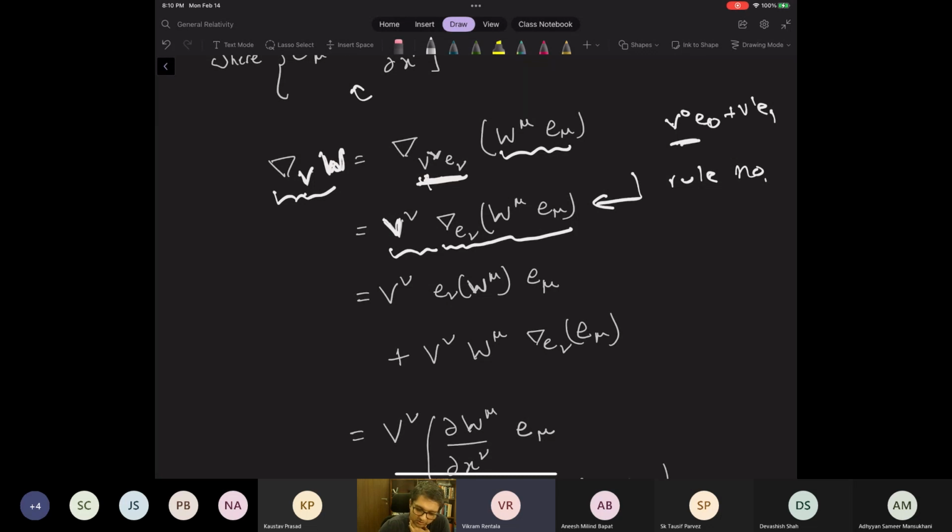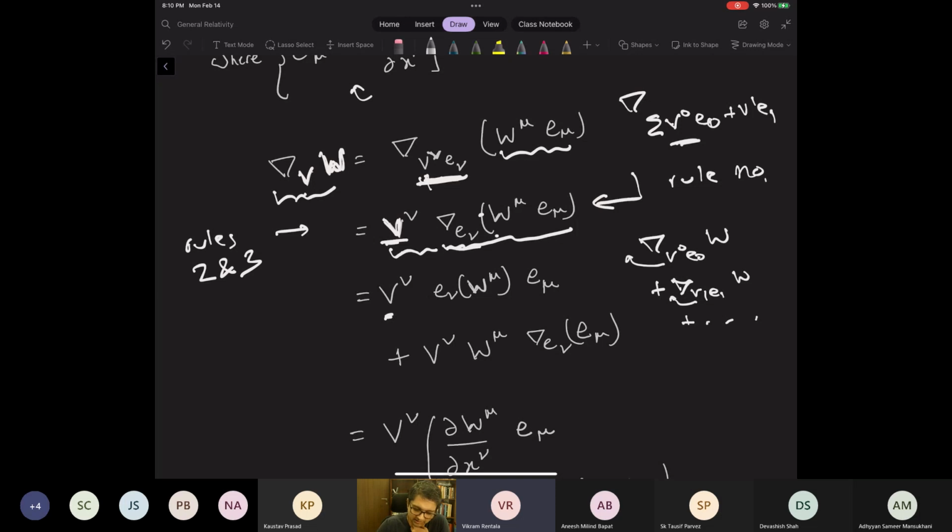First I have a summation, and doing the gradient like this is equivalent to doing the gradient of first V0 E0 plus gradient of V1 E1, and so on. Then we're pulling out these coefficients here, which is rule number 3. So we get V nu here, and then the gradient of E nu acting on W mu E mu. So this uses rules 2 and 3.